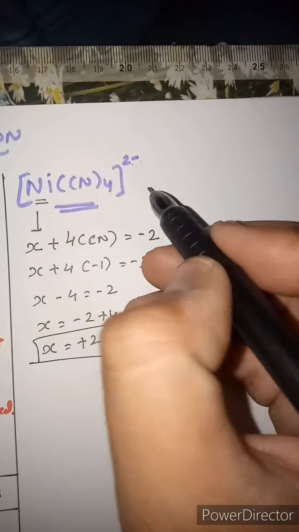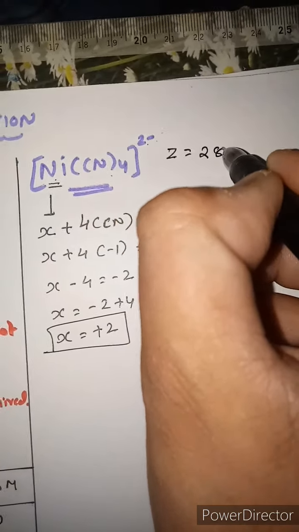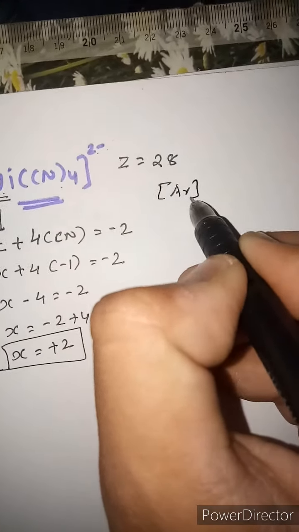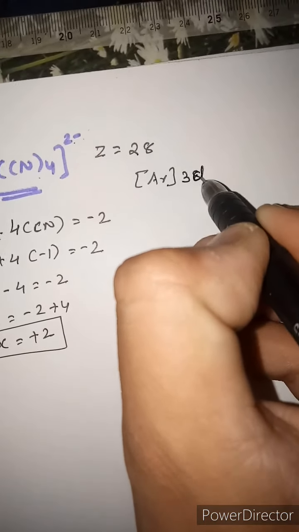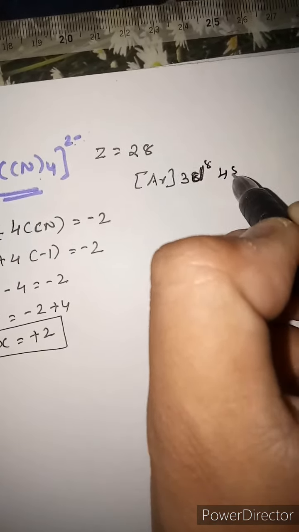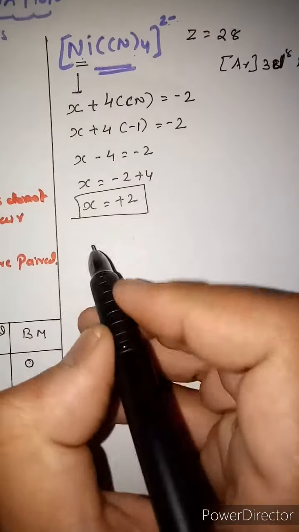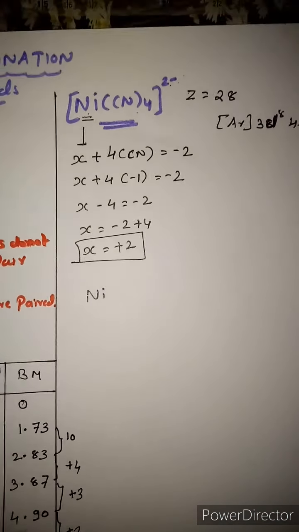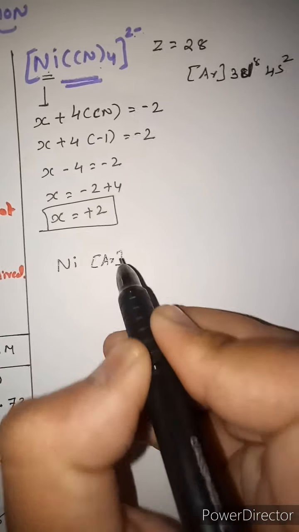Now moving towards its electronic configuration, as we know that Ni has the atomic number of 28. Therefore, here we write argon completed, 3d8 and 4s2. Is that clear? Now we'll arrange here for the Ni. How to get back to the complex compound? So for Ni, here we'll place Ar.